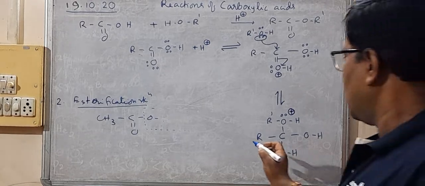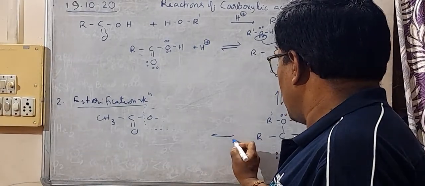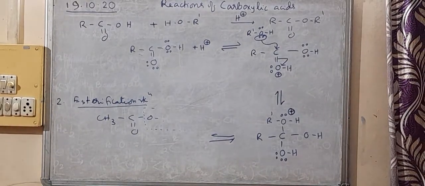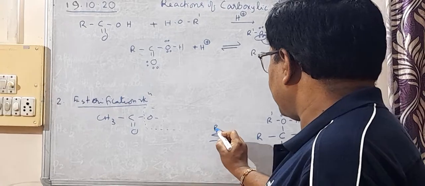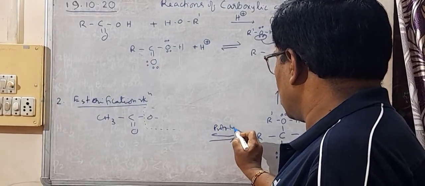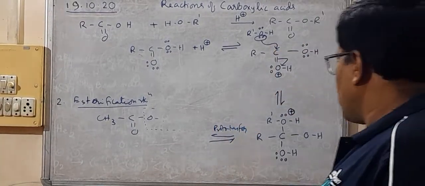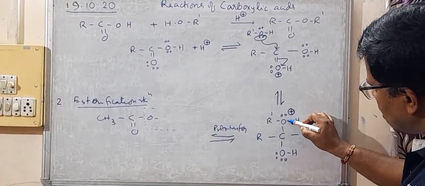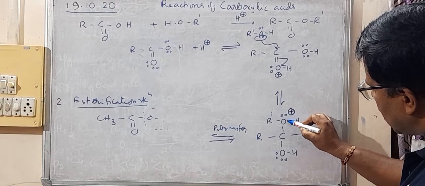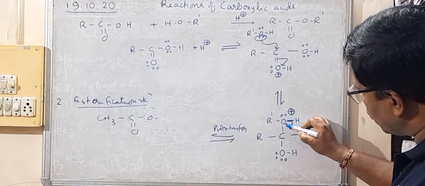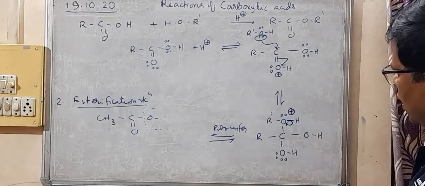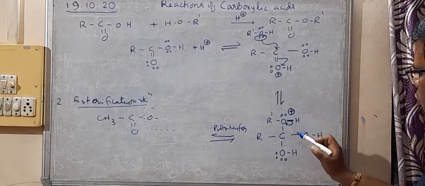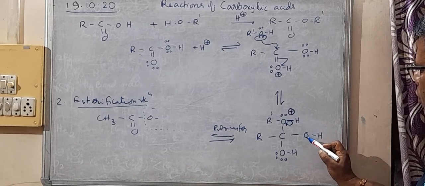Okay. All these steps are reversible. In the next step, there occurs a proton transfer. Since this O is plus, this bond electron will go to the highly electronegative oxygen, and this H as proton will get attached here.